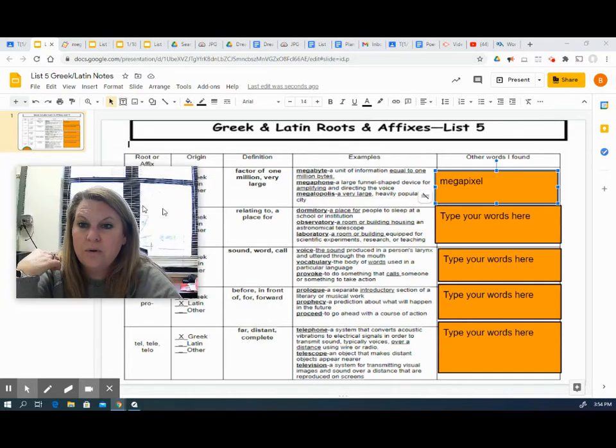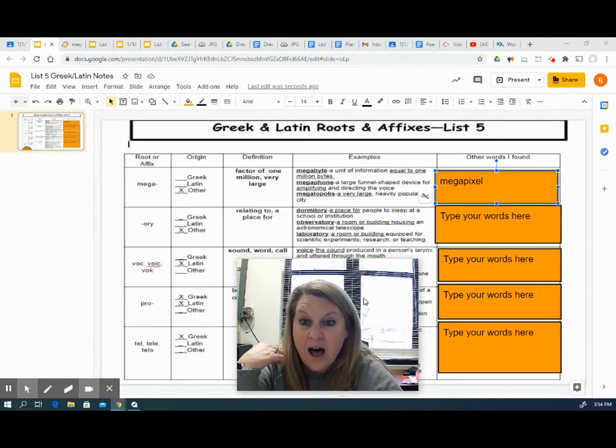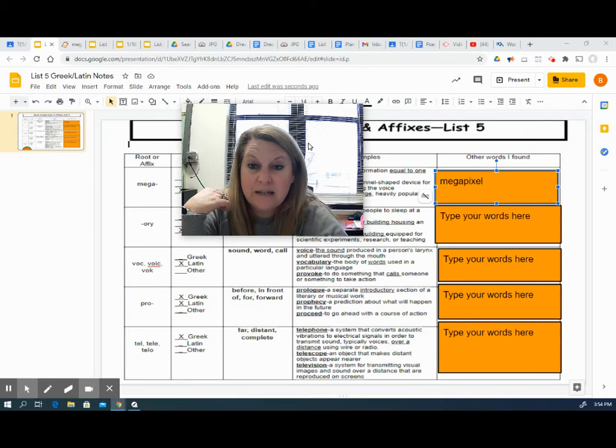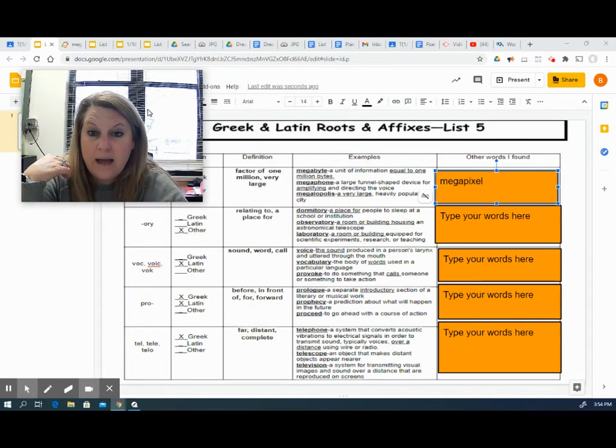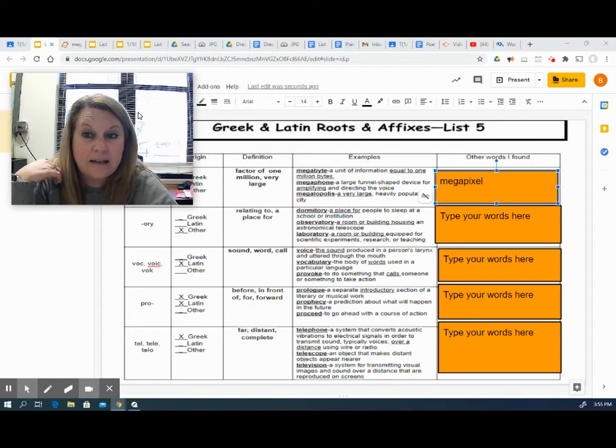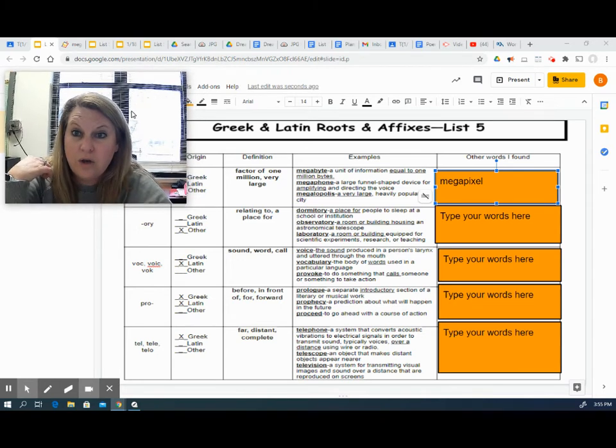Your next root or affix is not a prefix. It is a suffix, O-R-Y. And so because this comes at the end of the word, you're going to have to go to that online dictionary for this one as well. It means relating to a place for. So you can see in your example words, dormitory, observatory, laboratory.